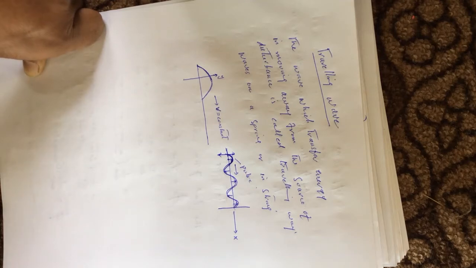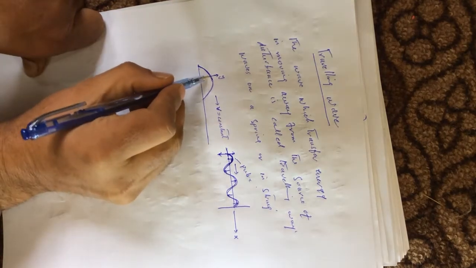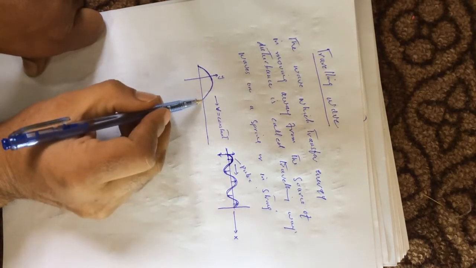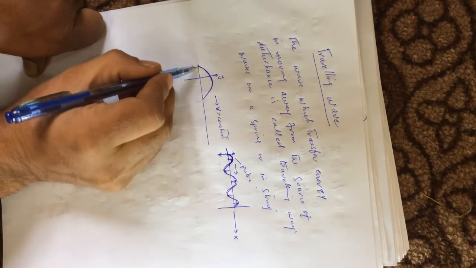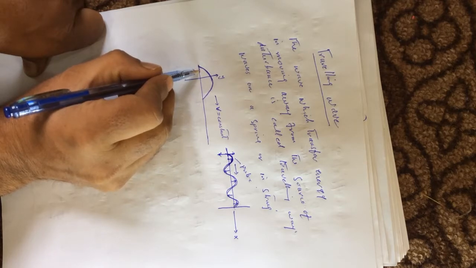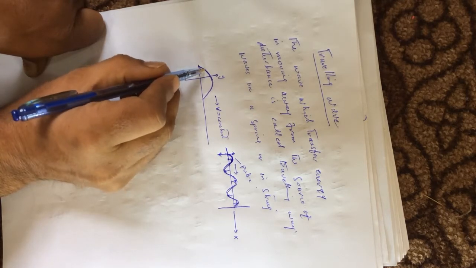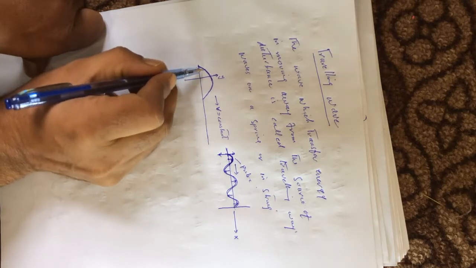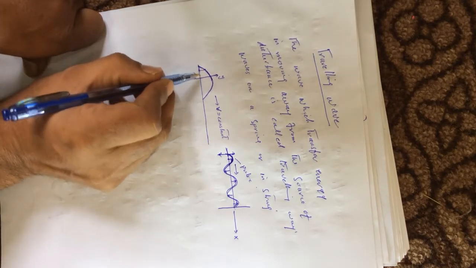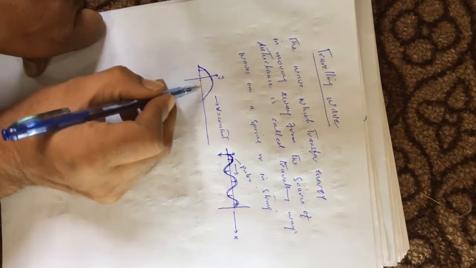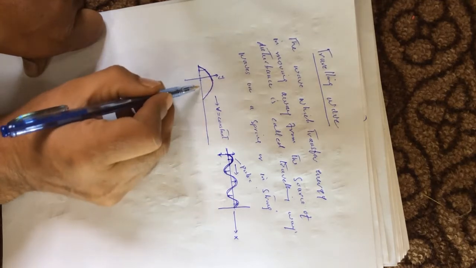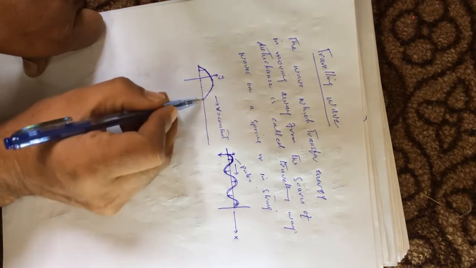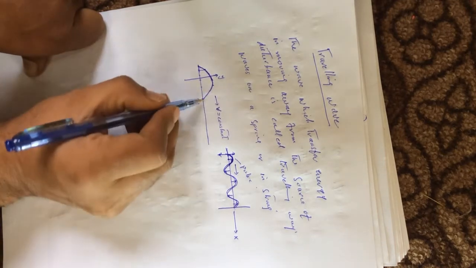Now the displacement of this string depends on the x coordinate and time also. If we consider this point x, then the displacement is this one. If we consider this point, then the displacement is bigger. If we consider this point, the displacement is this one. If we consider this point x, then the displacement is 0.